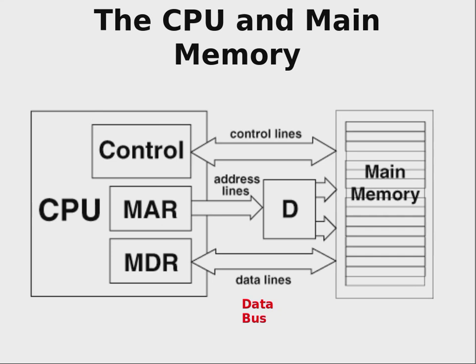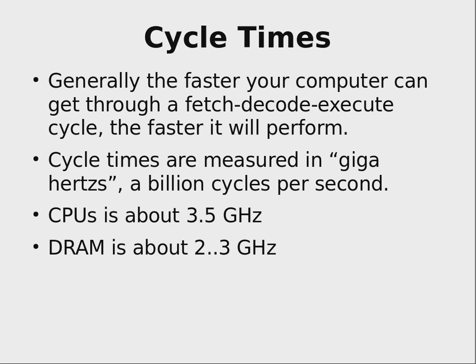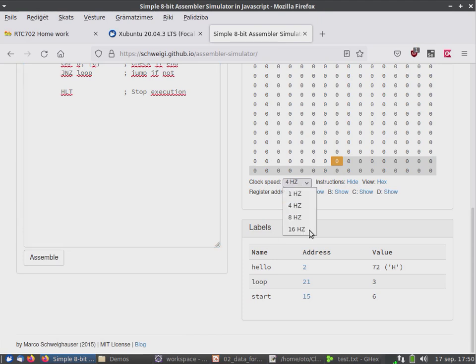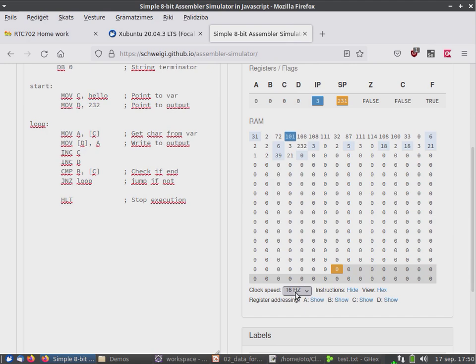And of course, they have different kinds of specific operations, which I didn't show you in this demo example. They are also much quicker than this web page. For example, this web page could execute with 16 Hz. That means 16 cycles in a second.